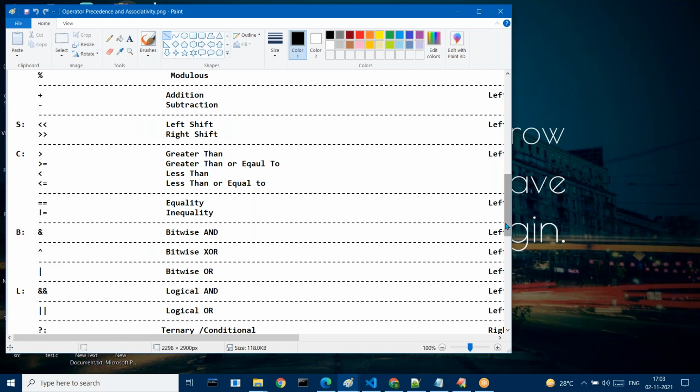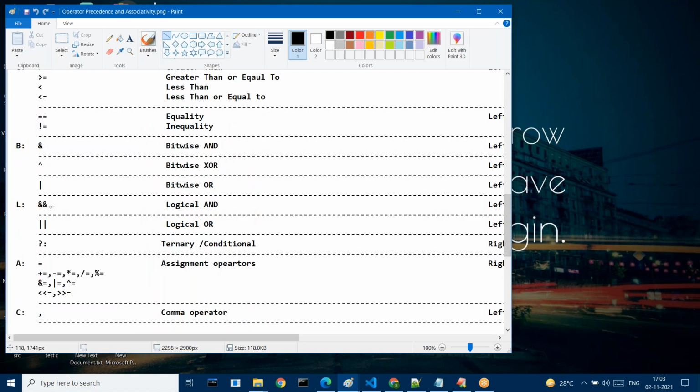Logical and, logical or, logical not also we discussed. Logical not is a unary operator. This is the conditional operator, already we discussed. Comma operator also we discussed. And the assignment operator, equal to, we discussed. Shorthand assignment operator, in a few questions we discussed. This will come also.